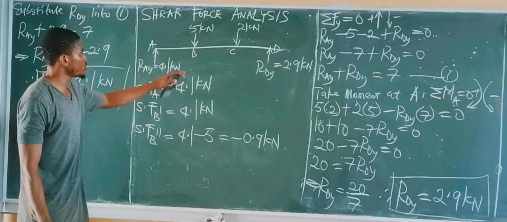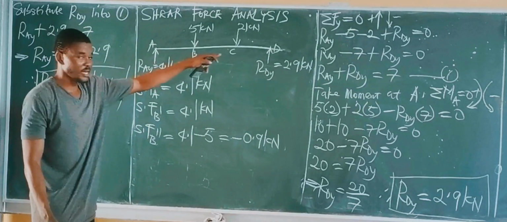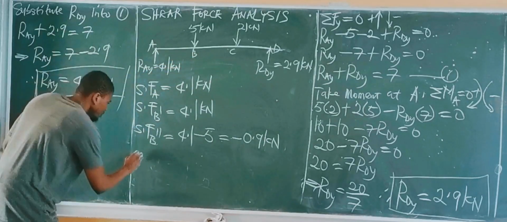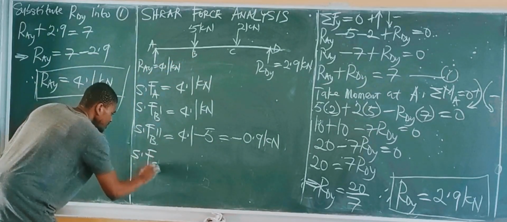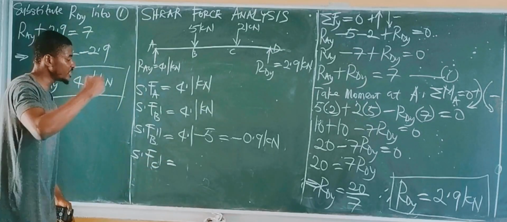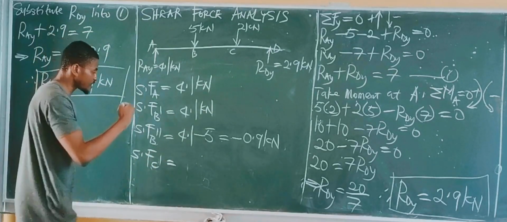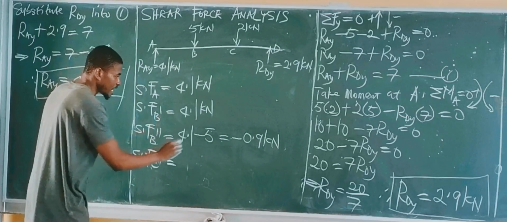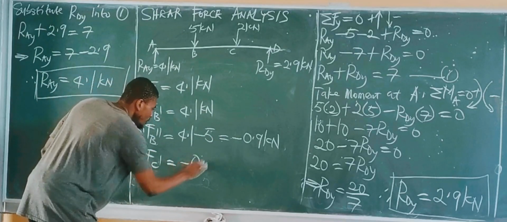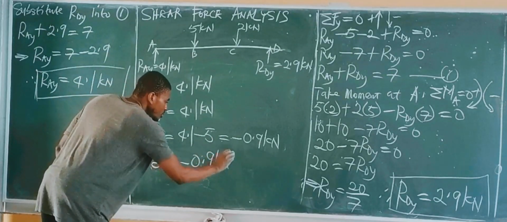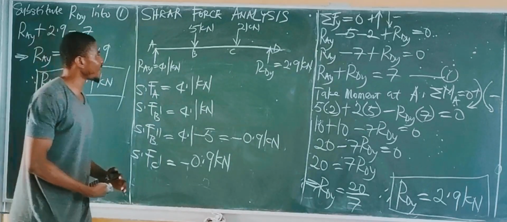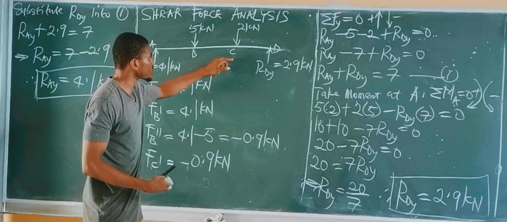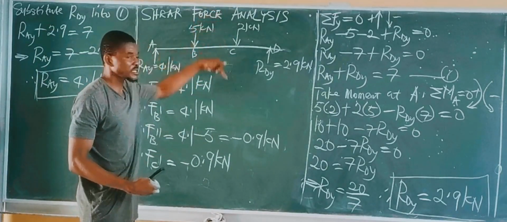So this minus 0.9 kilonewtons force moves from point B down to point C. So we have shear force C prime, which means initially at point C, the same force moves from point B to point C, and that force is minus 0.9 kilonewtons. But finally at point C, it encounters a 2 kilonewtons force acting downward.